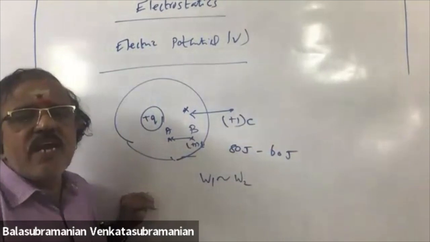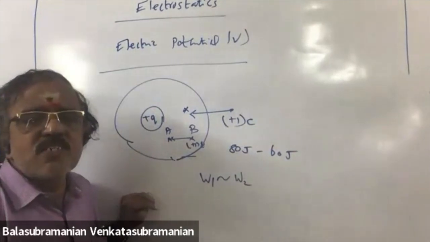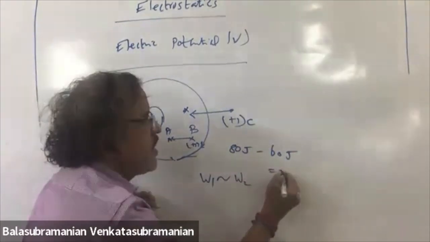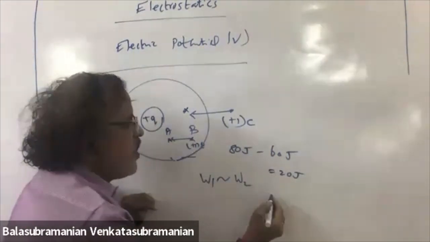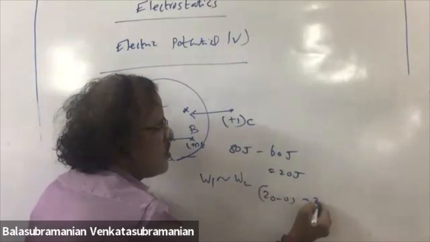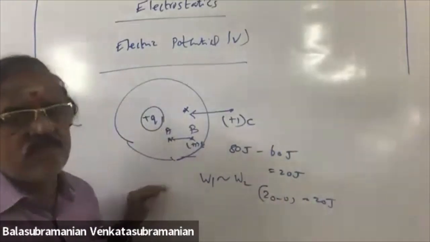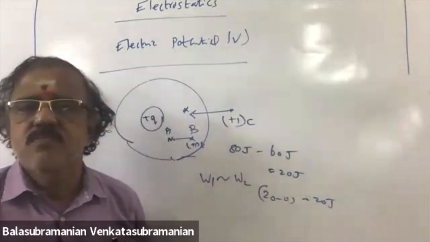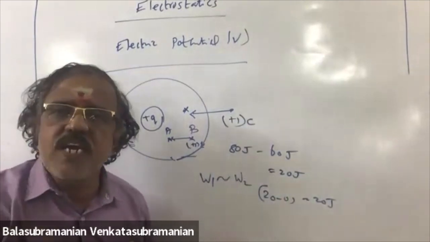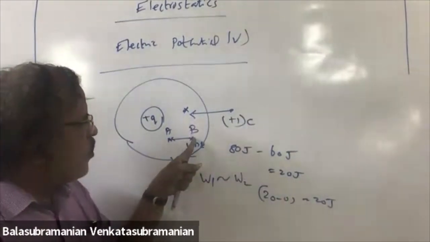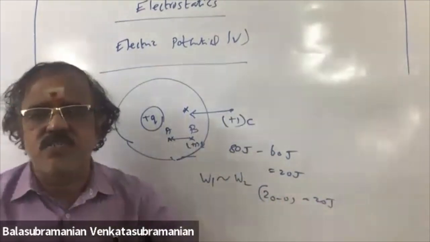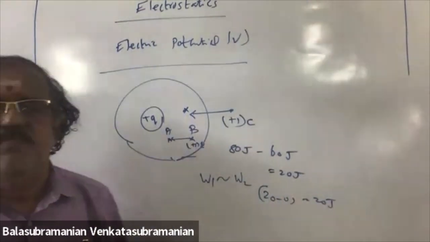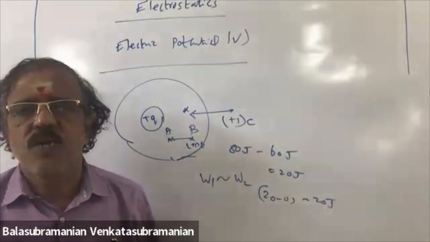W1 is 80, W2 is 60, 80 minus 60, I got 20 joules. Now, B to A, if I move, 20 minus 0, that is also 20 joules. Work done in moving a unit charge from one point to the other, you call it electric potential difference. Okay.